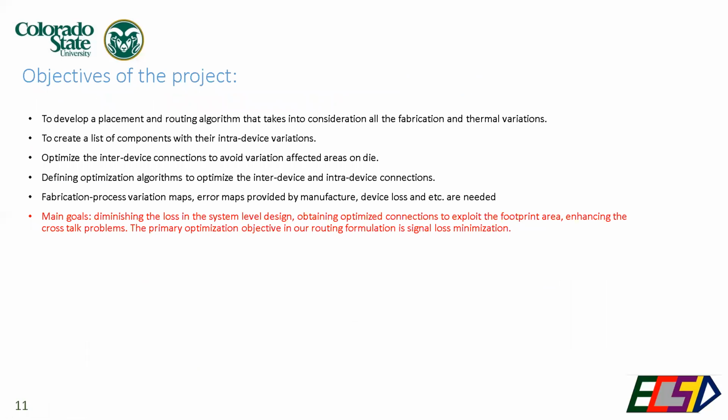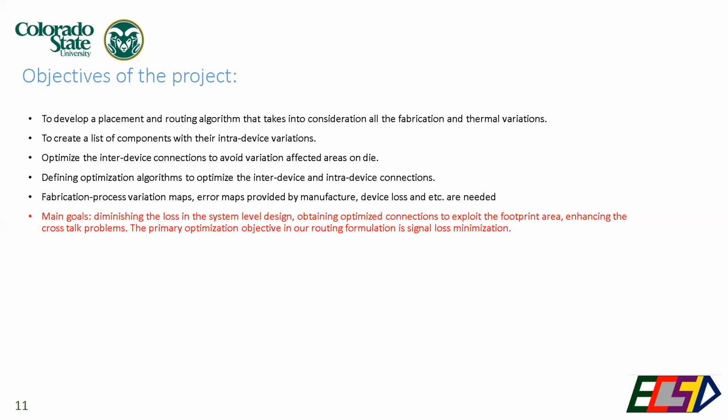So let's talk about the objective of the project. The objective is to develop a placement and routing algorithm that takes into consideration all of the fabrication and thermal variations, to create a list of components with their intra-device variations, and also to optimize the inter-device connections to avoid variation-affected areas on the die, defining optimization algorithms for the inter-device and intra-device connections.